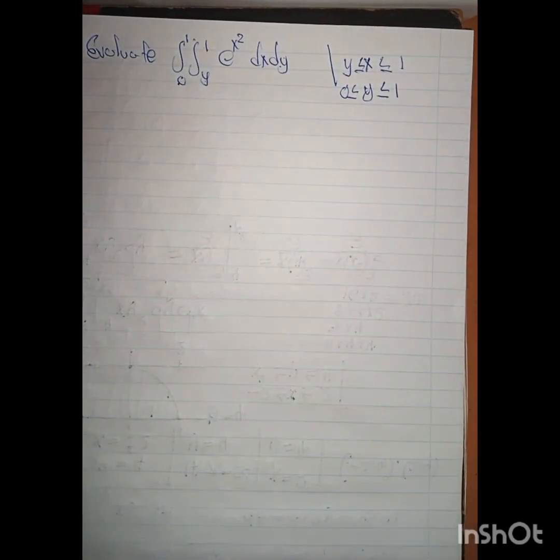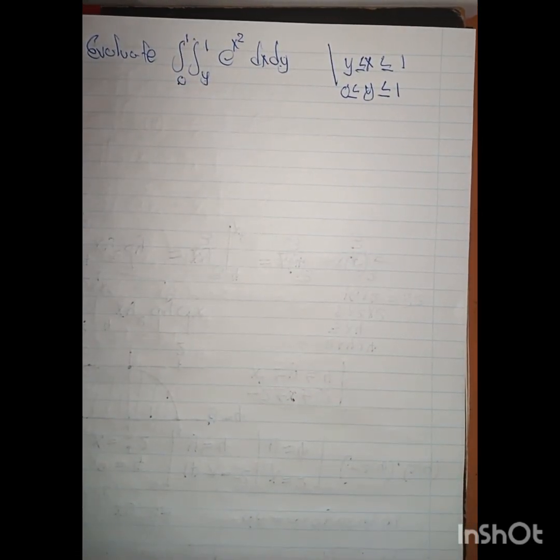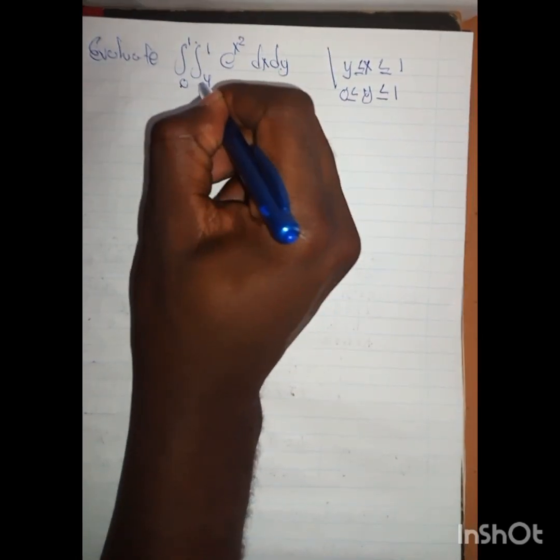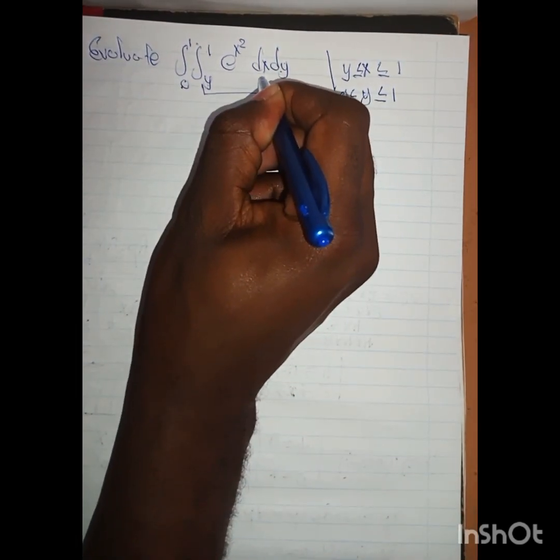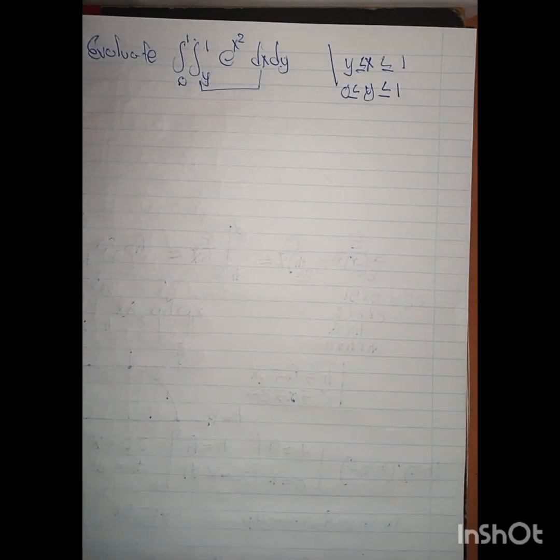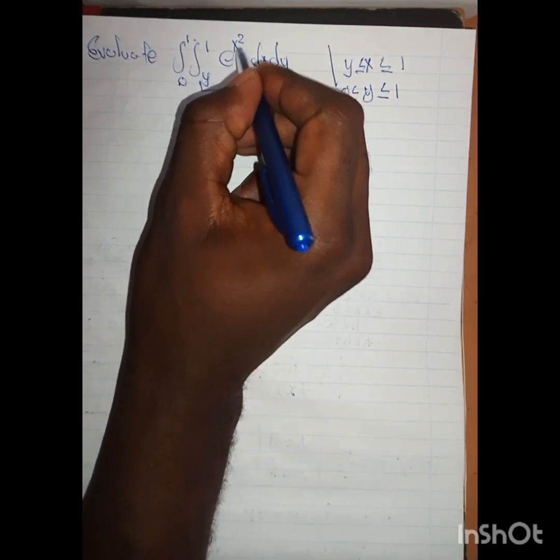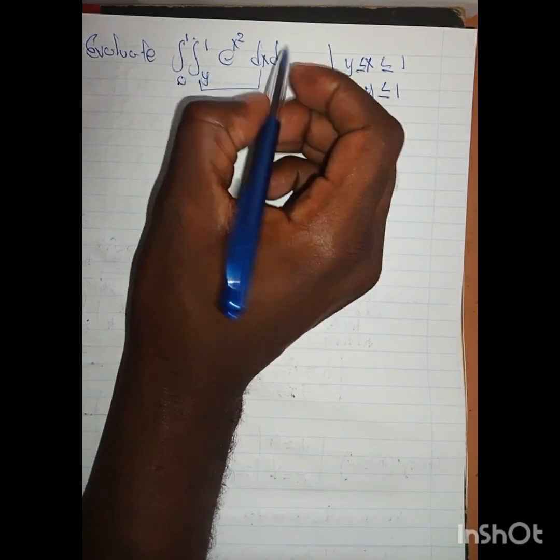Like this. So let us first look at the inside integral. We want to integrate this part, e to the x squared.